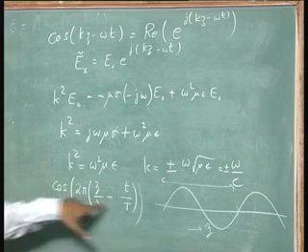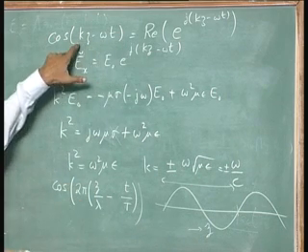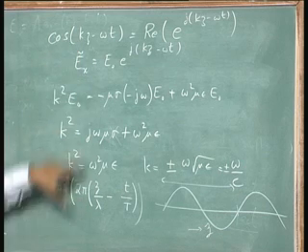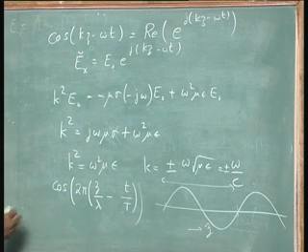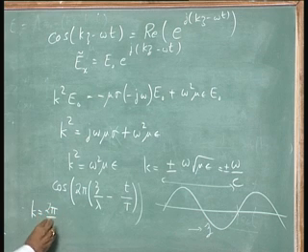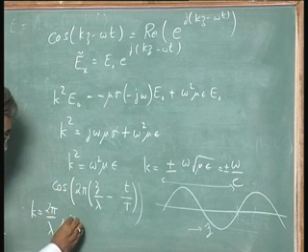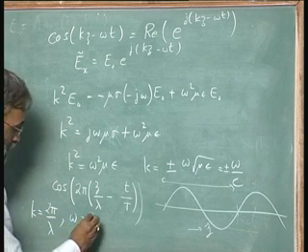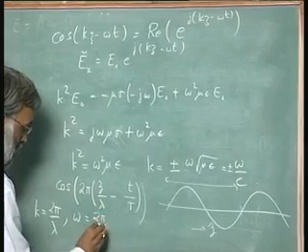So this is the form I expect, this is the form I have. So I can immediately identify what k and omega are. K is equal to 2 pi over lambda and omega is equal to 2 pi over T.